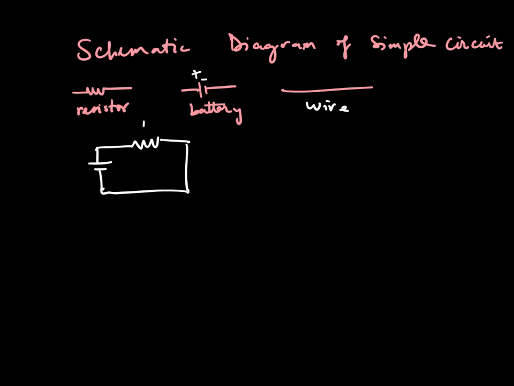Here is your resistor and here is your voltage source, and as discussed previously, the direction of conventional current will be as indicated. And of course, Ohm's law states that the voltage across an ohmic resistor is equal to the current times the resistance.